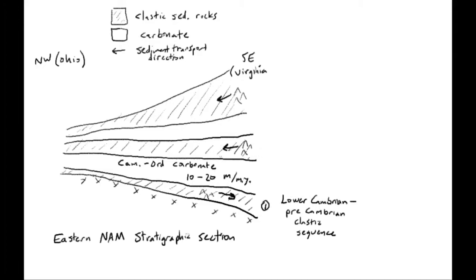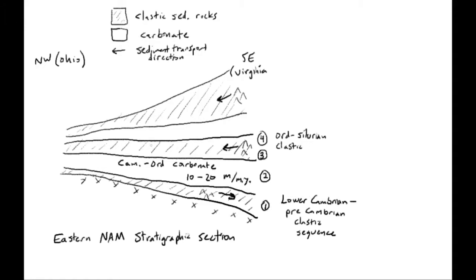So these rocks here, we can put both a 3 and a 4. We should label this one too. These are Ordovician to Silurian clastic.